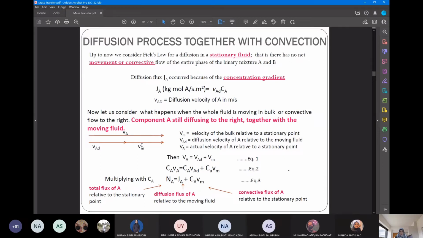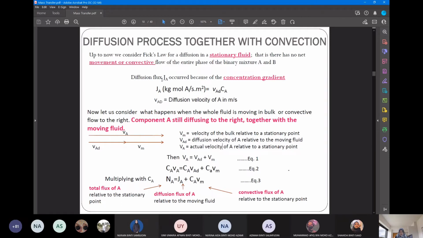So when you go back to diffusion flux, definitely it occurs due to the concentration gradient. So now you can say that JA, which is molar flux, is equal to VAD, the diffusion velocity of A, multiplied with the concentration of A. So this is when you talk about diffusion flux.